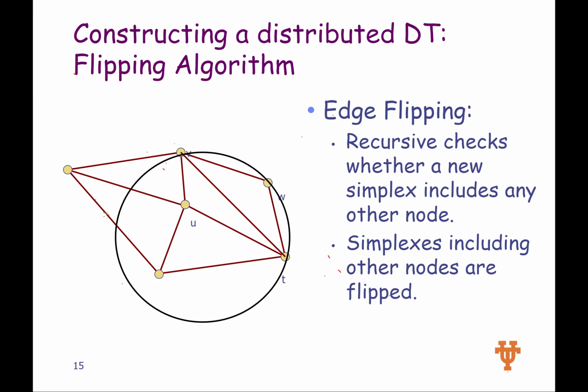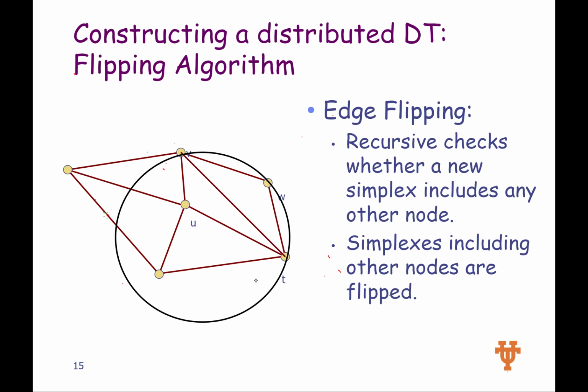Probably you need to flip an edge which contains another simplex, another node U, and that node will form another triangle with that edge. Does that make sense?